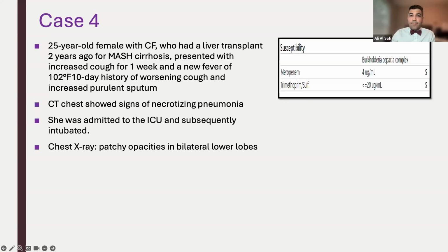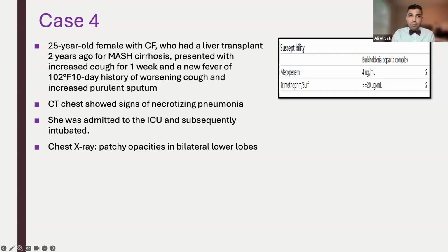And the cultures came back with Burkholderia cepacia complex. Luckily, it was susceptible to meropenem and Bactrim. However, that patient was allergic to Bactrim, but the type of allergy was not real and was documented as nausea and vomiting.